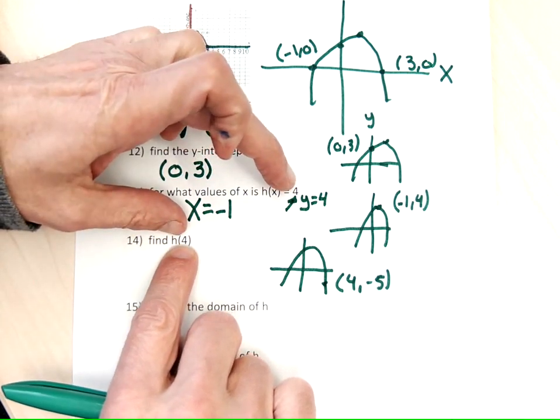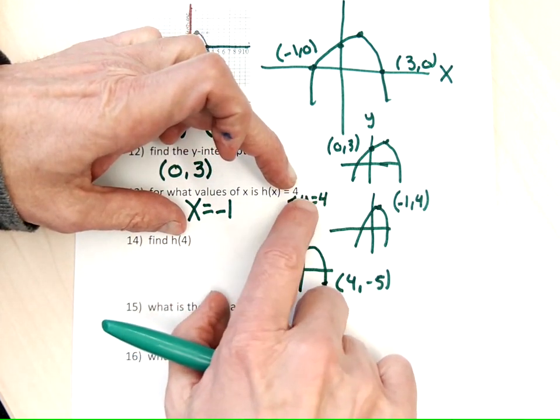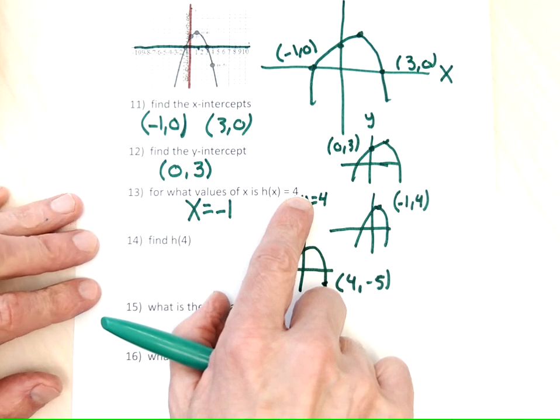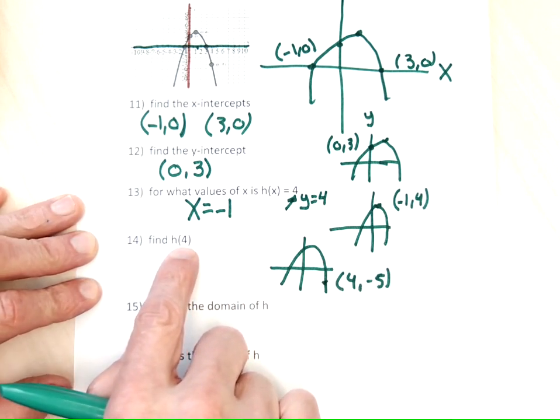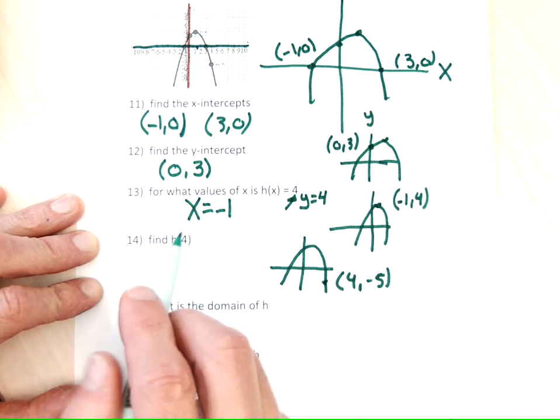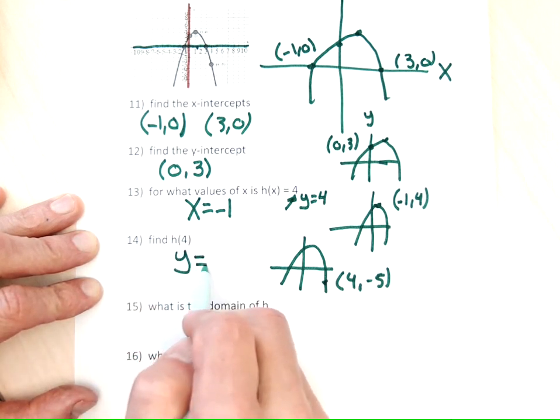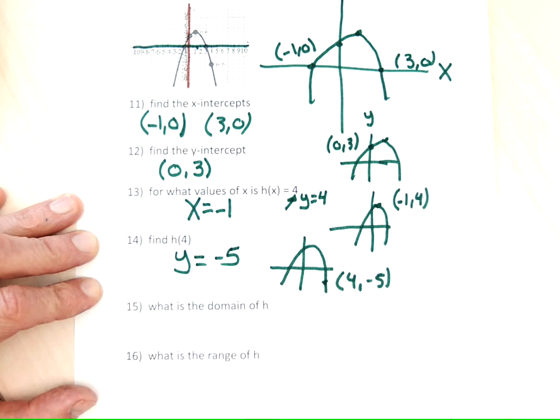So the difference in the points that they're calling out: problem 13 is calling out a point that has a y equal to 4, problem 14 is calling out a point that has x equal to 4, and it wants the corresponding y. The answer I'd probably write is just y equal to -5.